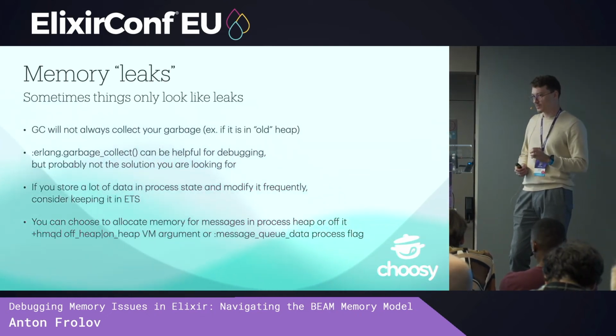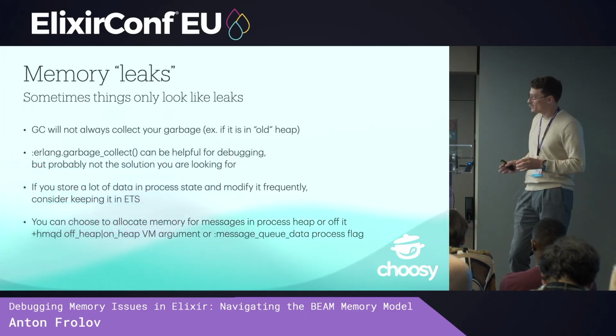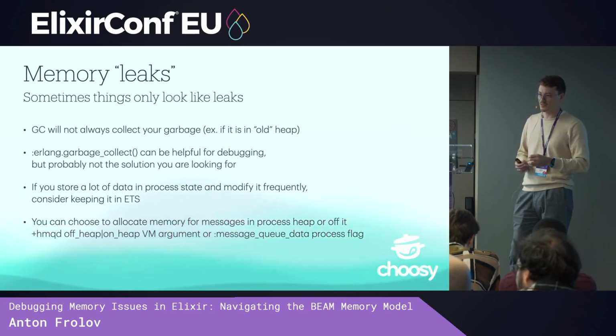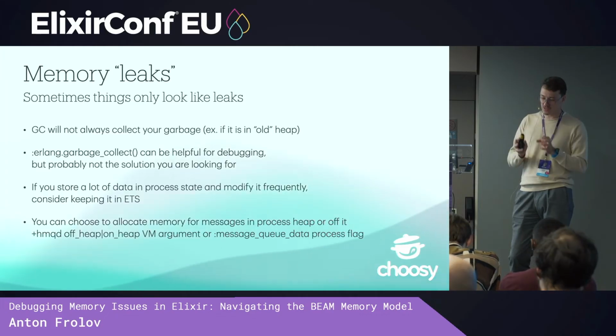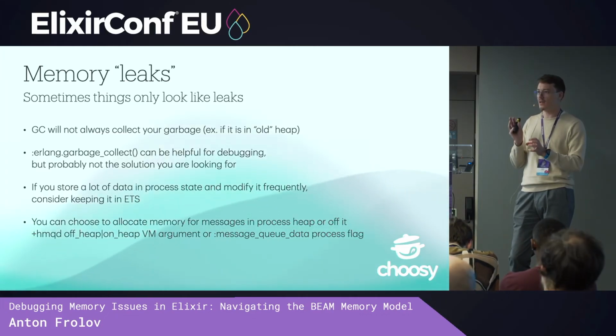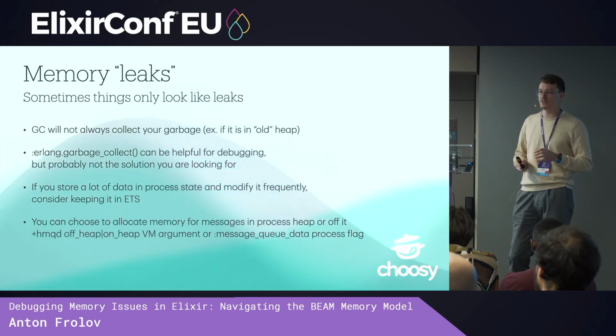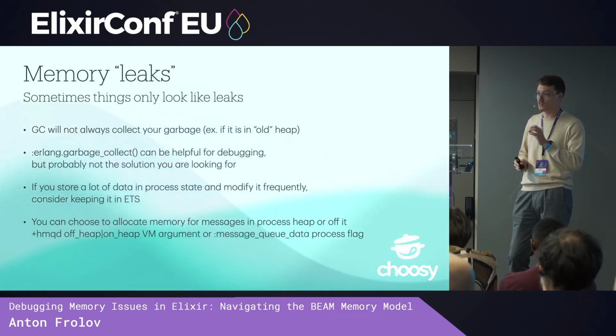Long story short, the heap isn't as simple as we've seen, because Beam has a generational tracing garbage collector, to be more precise. So it's actually going to have an old and young heap, or young and old heap. And what's going to happen when you create some objects, you need to allocate memory.